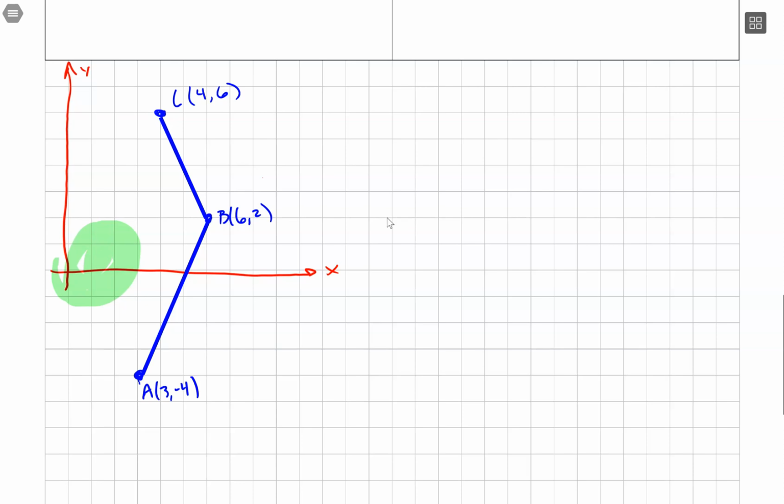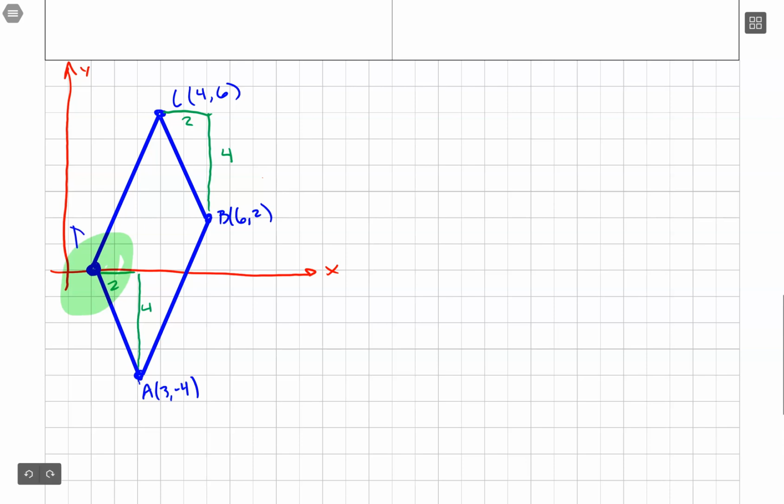So to get from point B to point C, I have to rise 4, and I have to run -2. We have to do the same thing from point A to D. So I'd have to rise 4 and then run -2. And that's going to give me the location of point D right here. So that means that point D is at 1, 0.